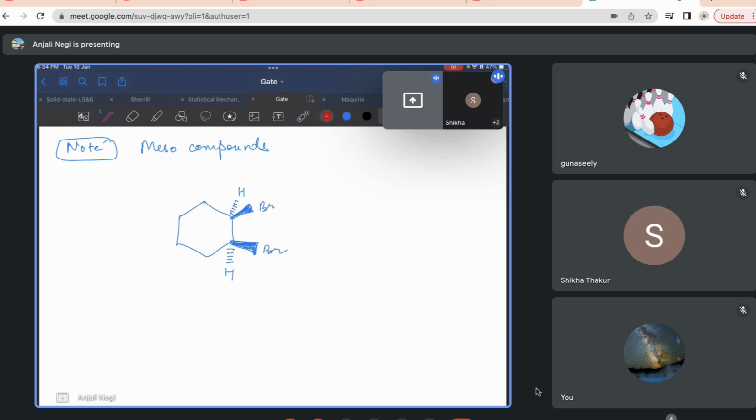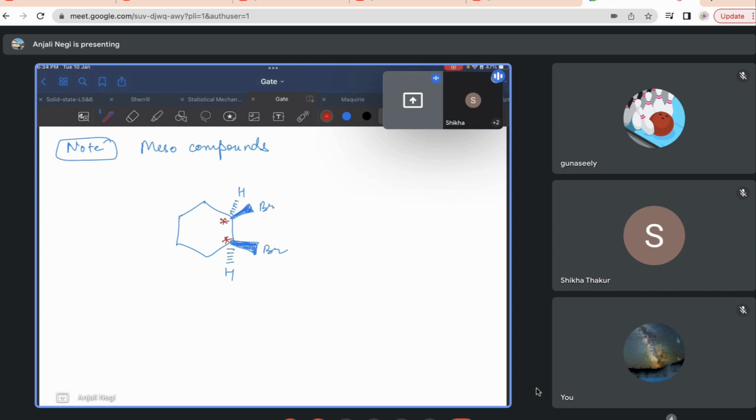Now this carbon is chiral, and this carbon again is chiral, having 4 different groups each. So I have 2 chiral carbons in my molecule, but still they are not optically active, because the mirror image, whatever it will show or have, is superimposable and is actually the same molecule.